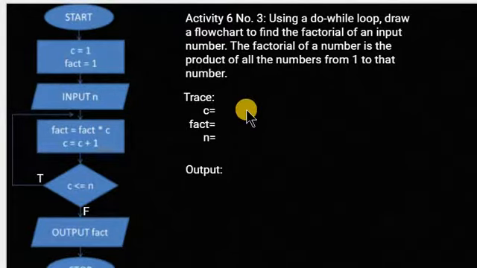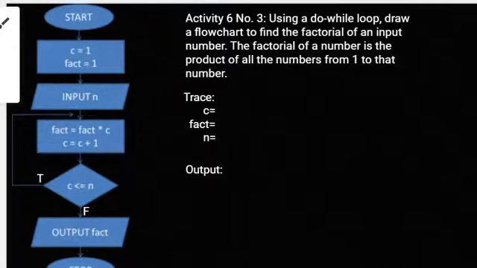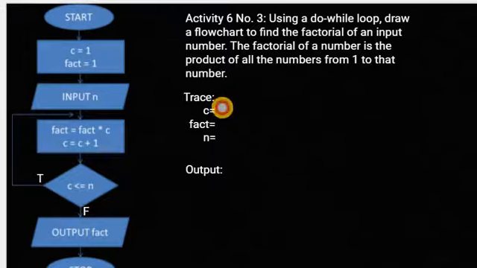Then we have C is equal to 1. So in the trace part, let me just select the brush, the color. So here we have the initial value of C. And then right below C is equal to 1, we have fact is equal to 1. So we're also going to put here the initial value for the variable fact.